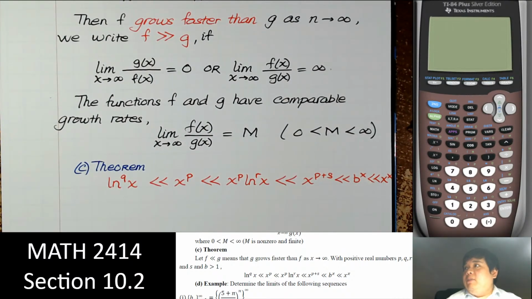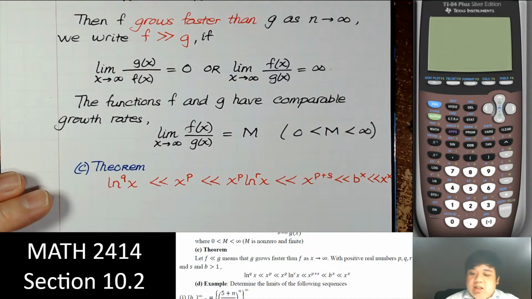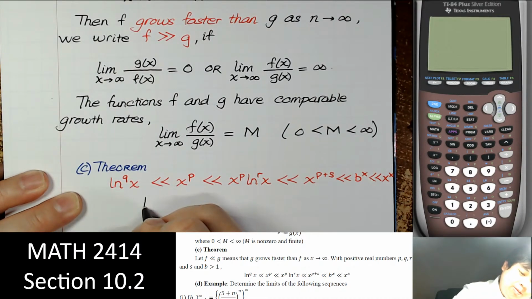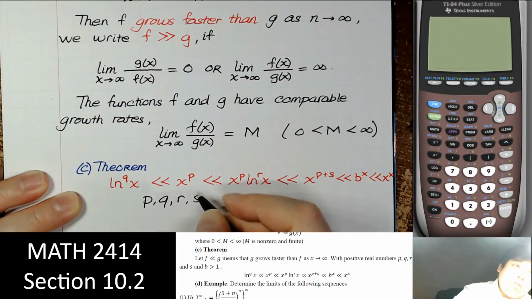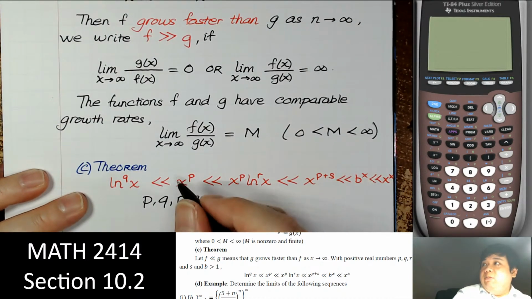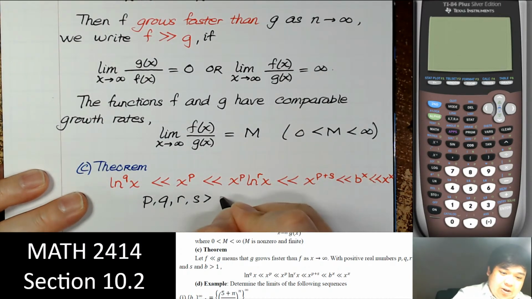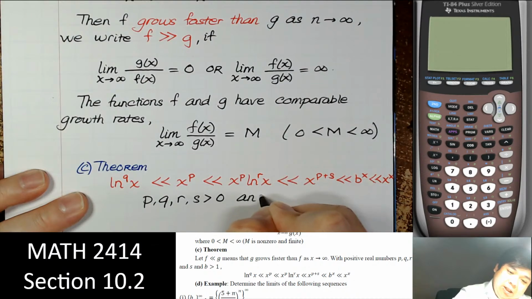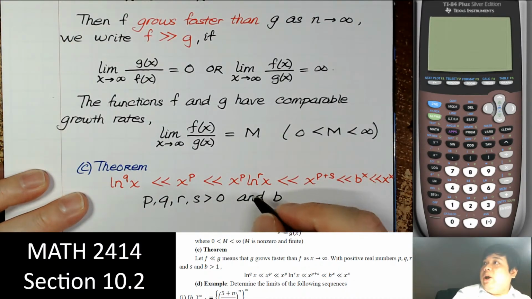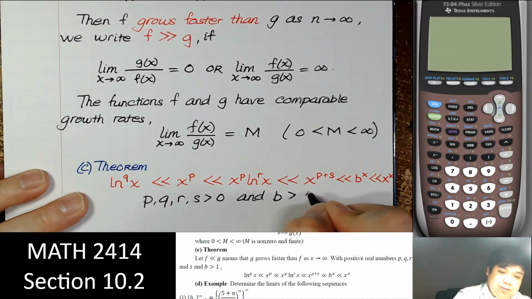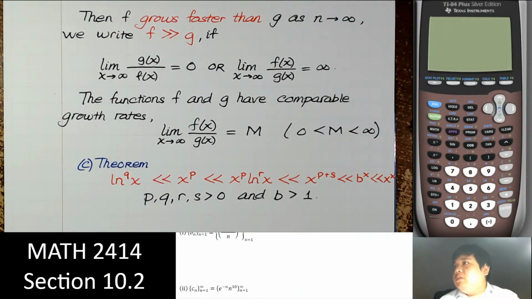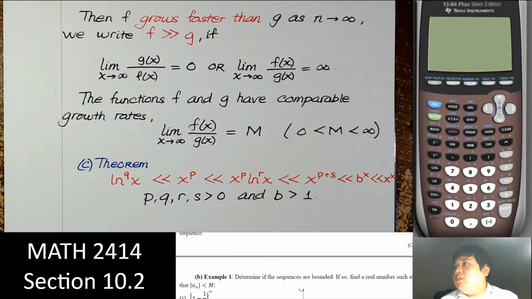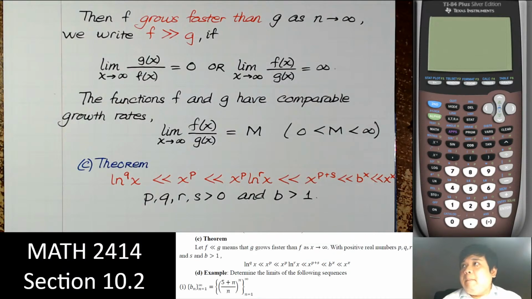And for this limit, what we have is P, Q, R, S are positive, meaning greater than 0, and b greater than 1.